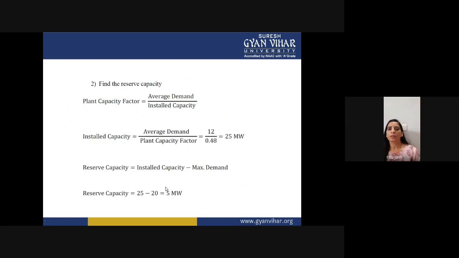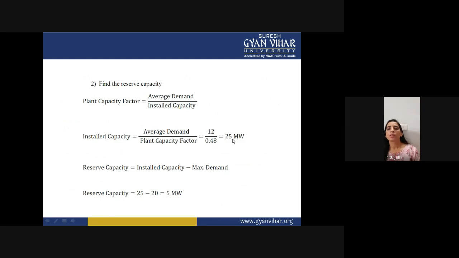Now find the reserve capacity. First you have to find the installed capacity. The installed capacity can be easily calculated through the plant capacity factor, which is equal to average demand upon installed capacity. So installed capacity is equal to average demand upon plant capacity factor, which is given or we have calculated.